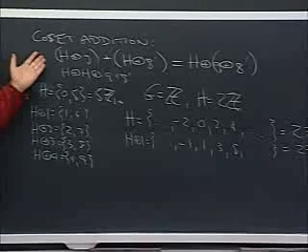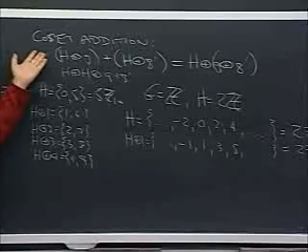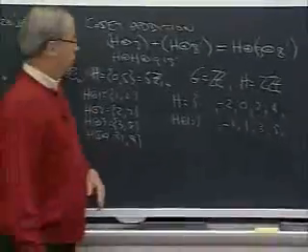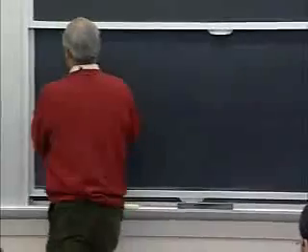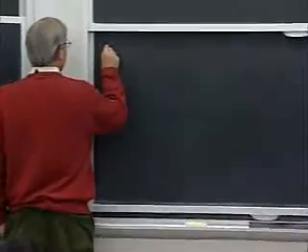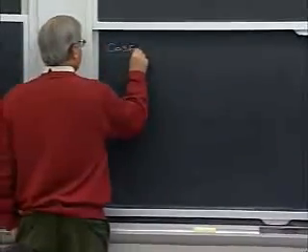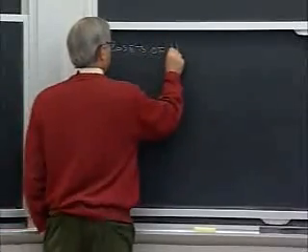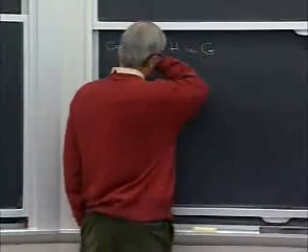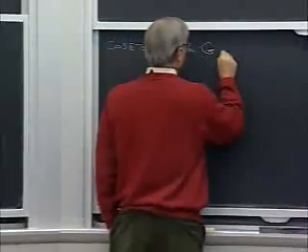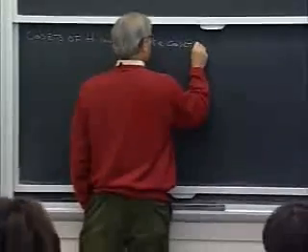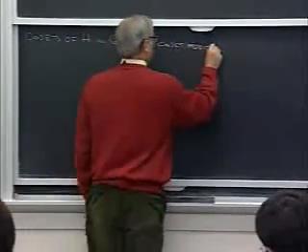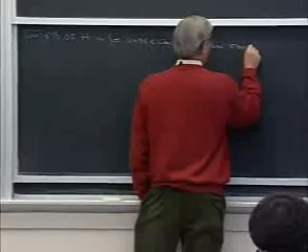In fact, it's easy to show that the cosets themselves form a group called a quotient group. Let's start over here. Cosets of H in G under coset addition form a group.